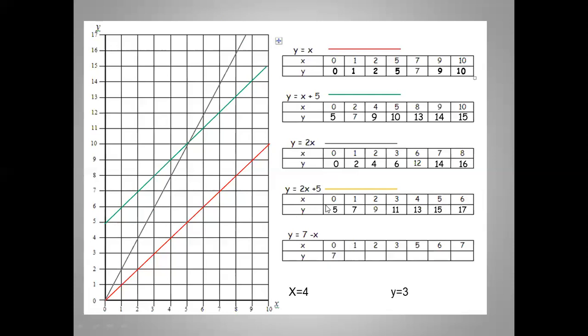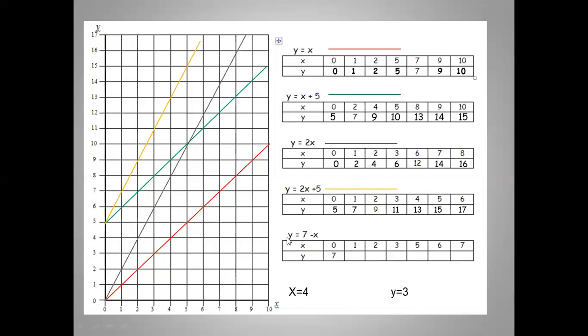I'm going to plot them. (0, 5) is going to start from here. (1, 7), and then here. (2, 9), and then here, and so on. If I plotted 3 points, I can use the ruler and complete the line. So this is the line y equals 2x plus 5.